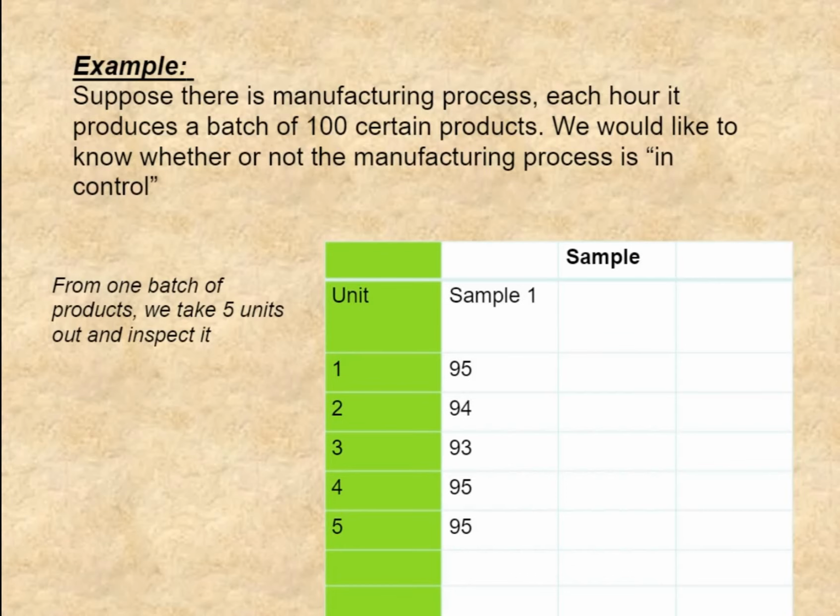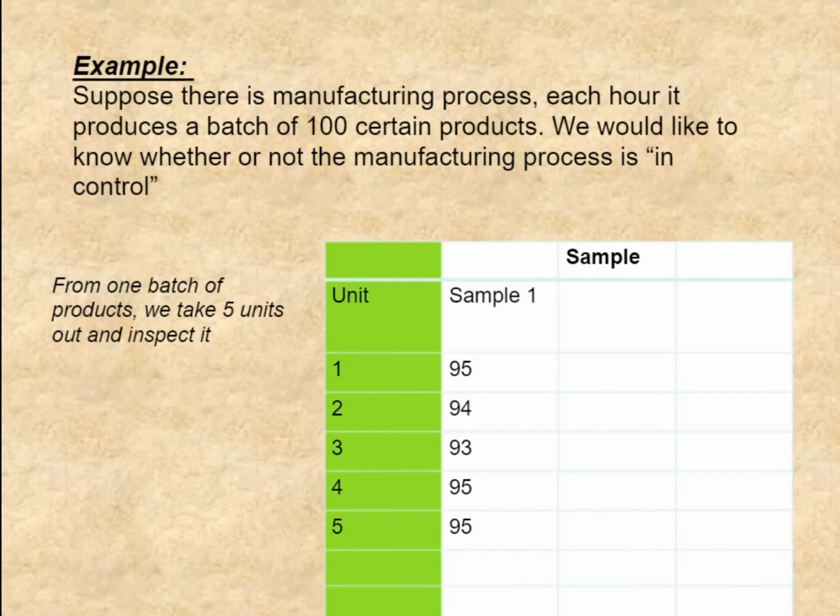Remember, every hour a batch of 100 certain products is produced. Now we take one batch, and out of this one batch we take 5 units. We call this sample 1. So from one batch we take a sample.